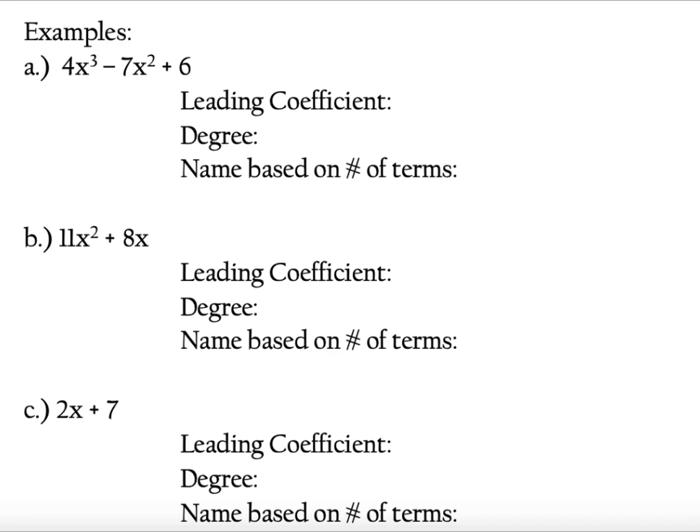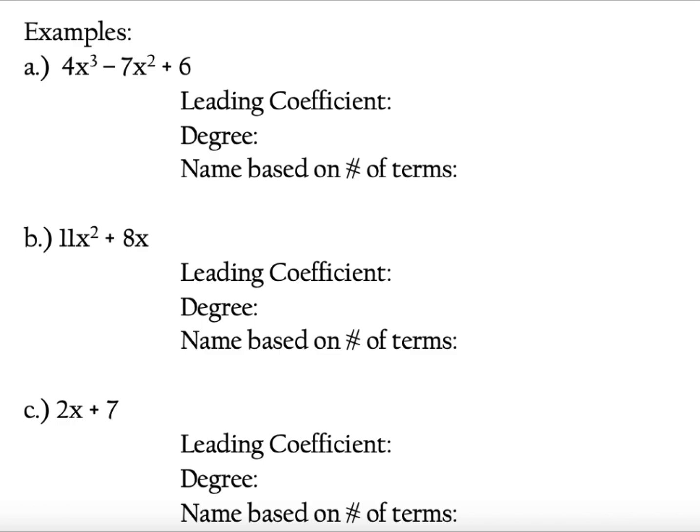All right, so in these examples, you can take a minute to pause the video to see if you can determine the leading coefficient, degree, and the name based on the number of terms for the examples that are given here. After you have taken a look at A through E, you can unpause and go through the answers here.